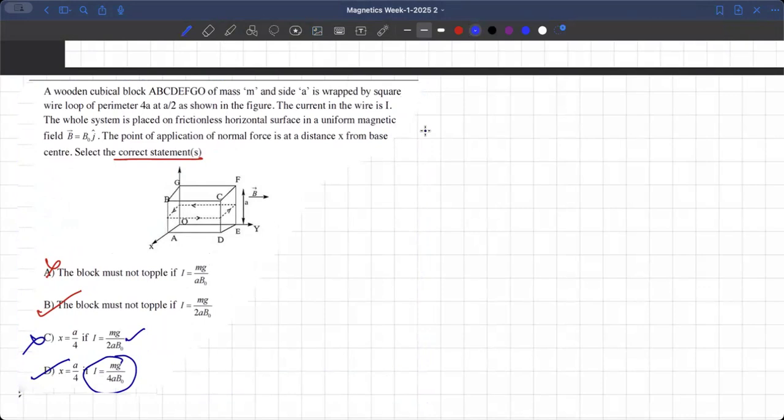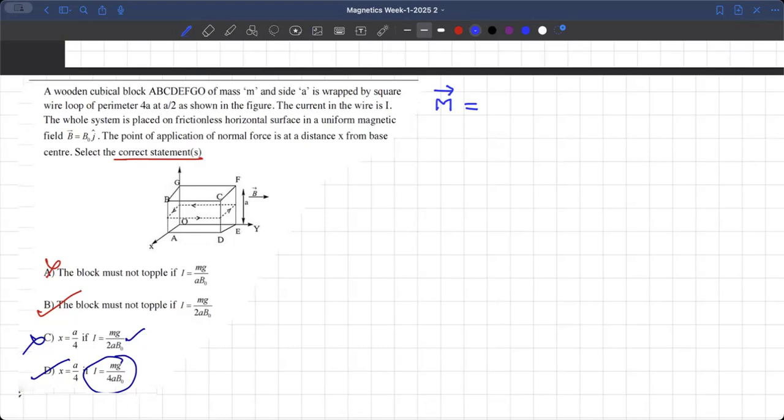The whole system is placed in a magnetic field. First of all, what is the magnetic moment of this system? The arrangement has some magnetic moment. Curl your right hand grip like this. Take the turn of these four fingers, right hand four fingers.